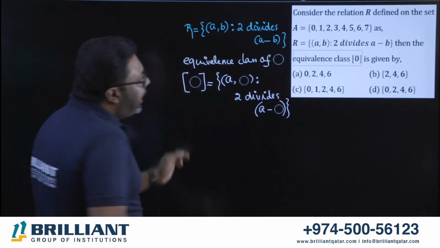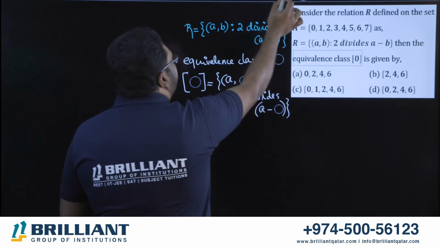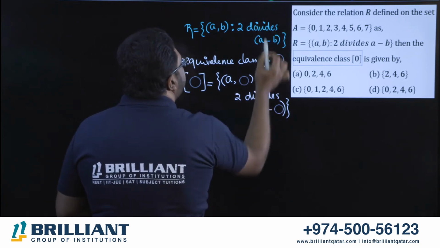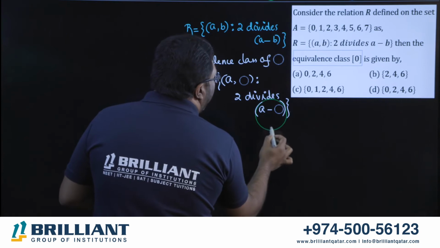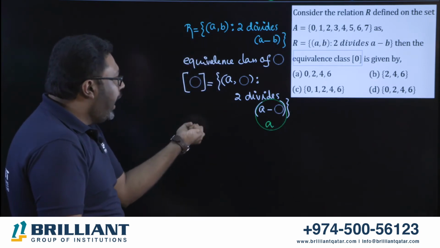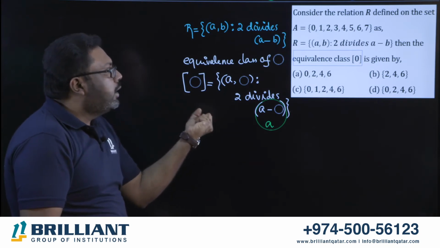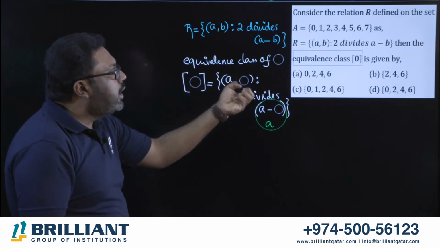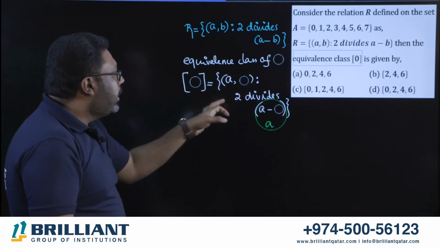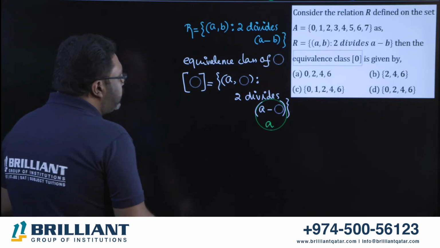What is a minus 0? It is going to be a. So I have to pick out those numbers a in such a way that the answer is divisible by 2. Yes, pick out the numbers a which are divisible by 2.